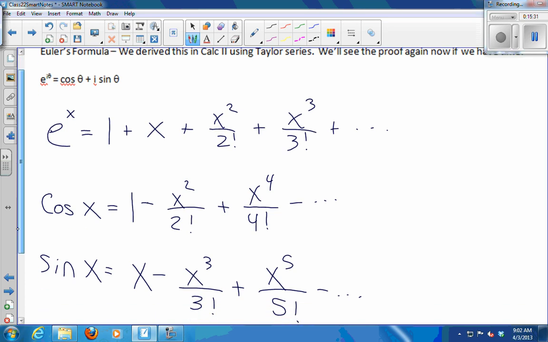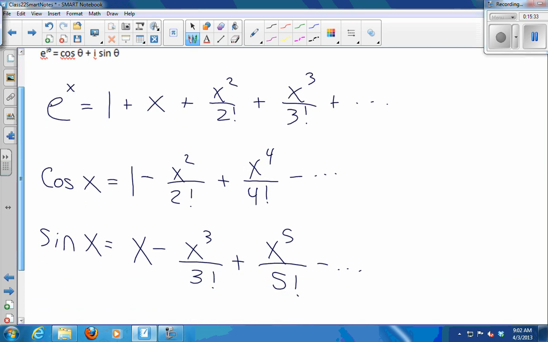And this one, you're going to replace x with a theta and multiply the whole thing times i for the i sine theta, and you show that the two are equal.